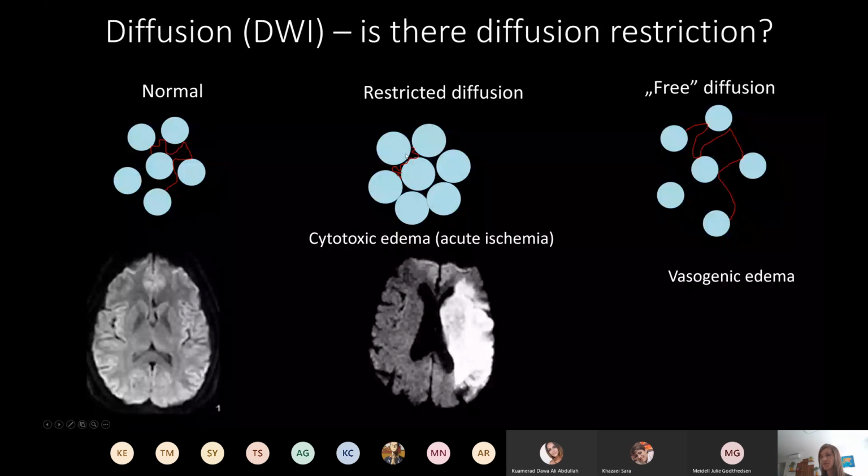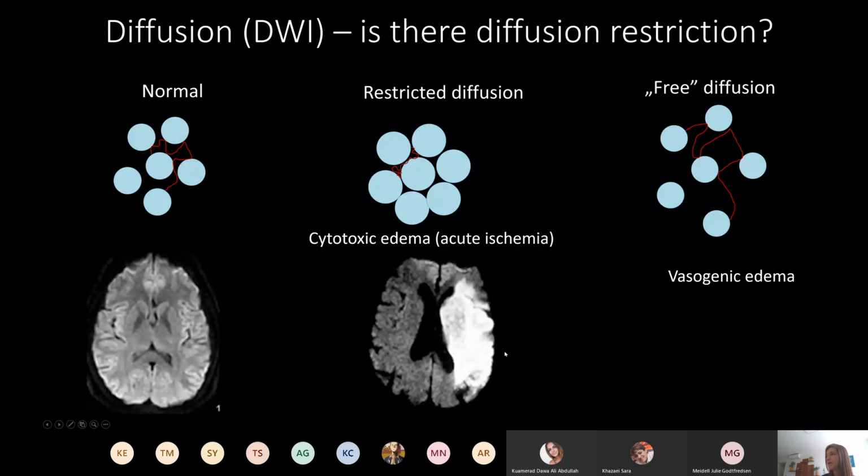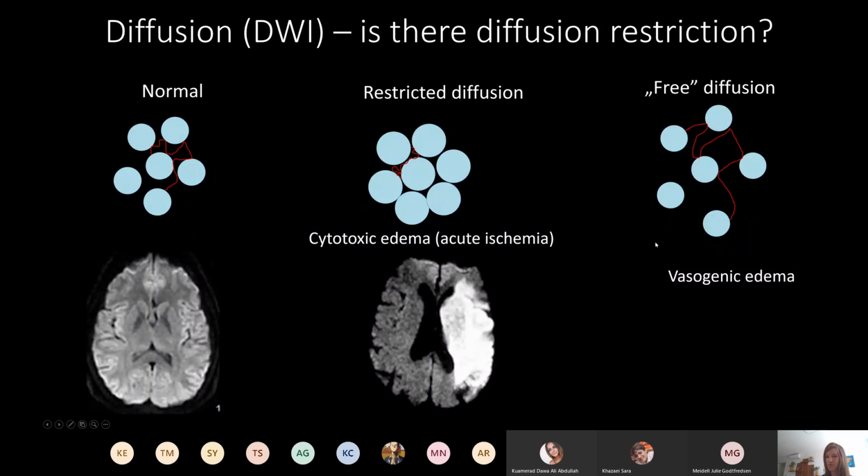That's what you see in stroke, and it is really bright on these diffusion images, like down here. And when there is vasogenic edema, there is more space between the cells, the water can move more freely, so we call that free diffusion.